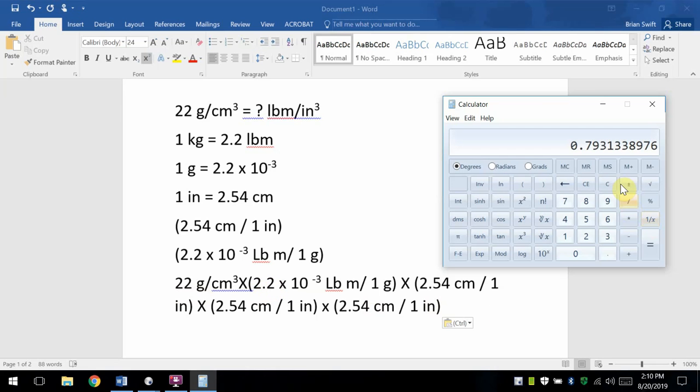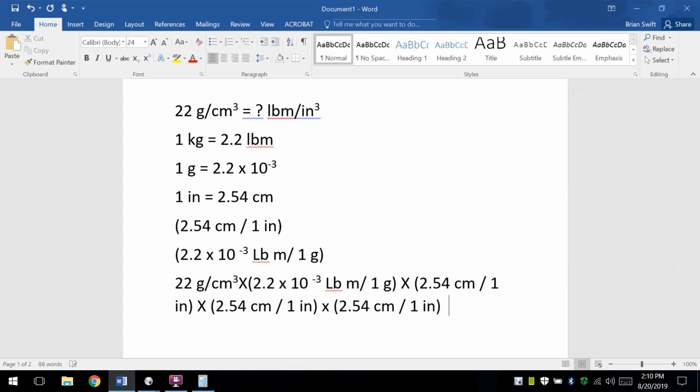So anyway, it's two significant figures. It's going to equal 0.79 pounds mass per inch cubed.